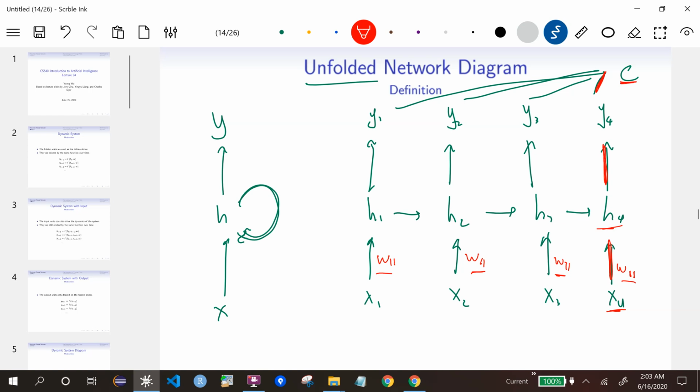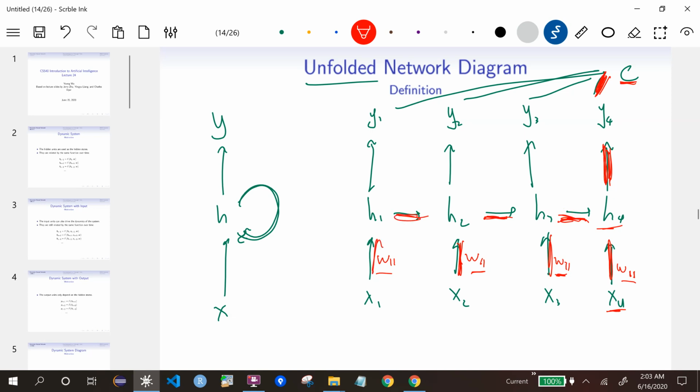So every time we update it, we need to consider all of these possible ways that a W11 change will cause C to change. So in particular here, it means we need to consider the path going back this way, this way, this way, and also this, and this and that.